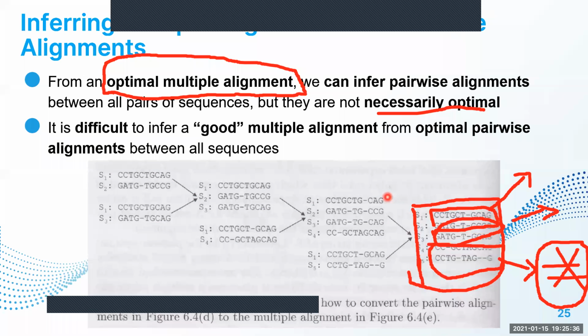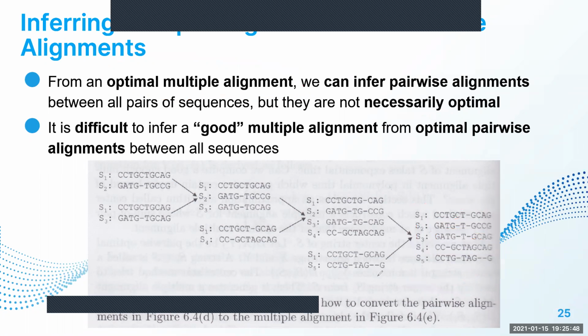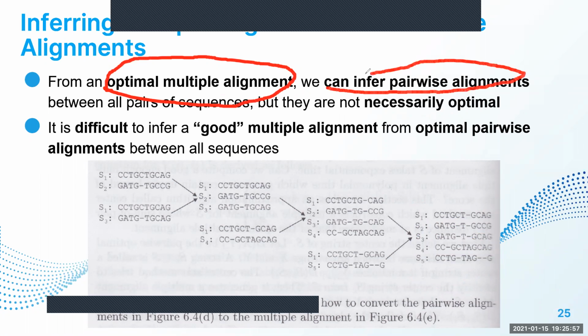So that's the basic idea I want to highlight. If you don't get this, just tell me, I'll explain again. It's some kind of NP-complete problem. If you have the optimal solution, you can easily tell what the pairwise alignments are.